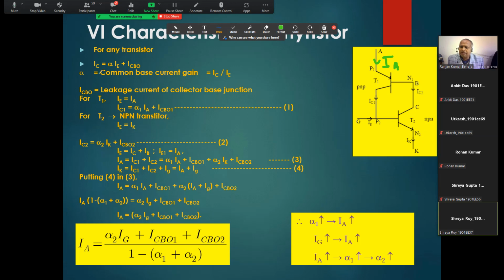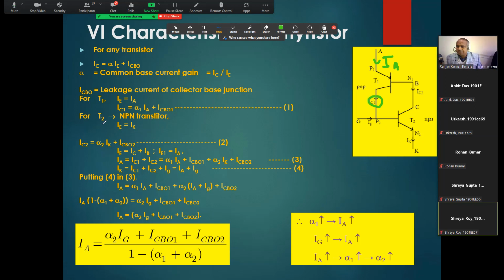For any transistor, you know that IC is equal to alpha IE plus ICBO. ICBO is nothing but your leakage current, the collector-base leakage current, ICBO1 for transistor 1 and ICBO2 for transistor 2. Alpha is your common base current gain, which is IC by IE.